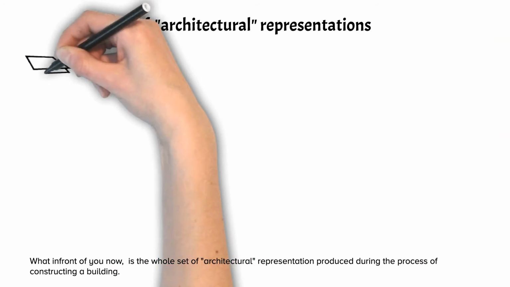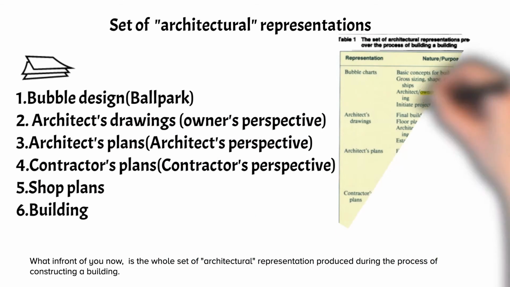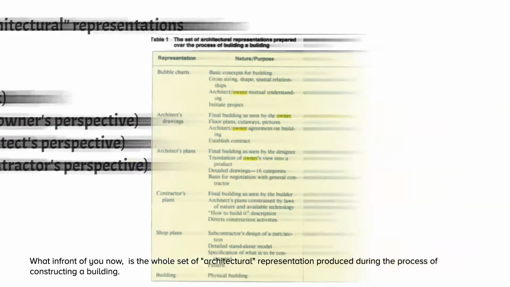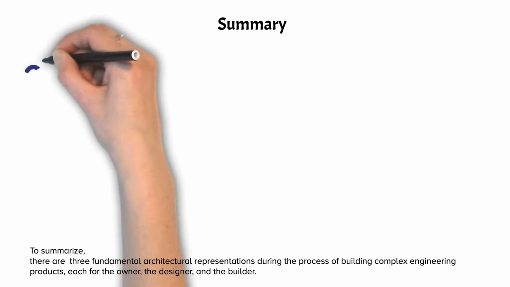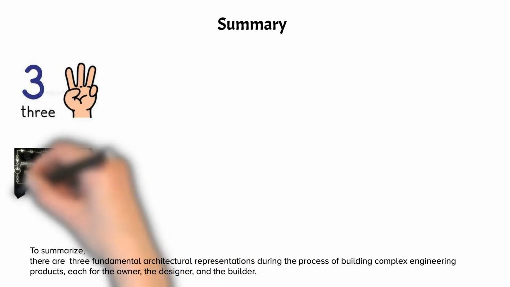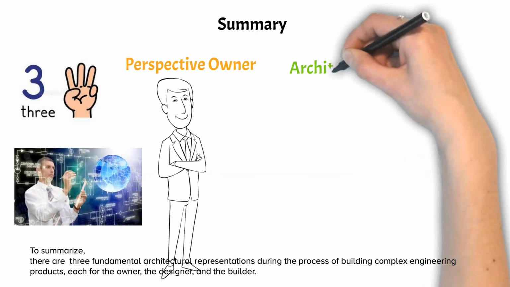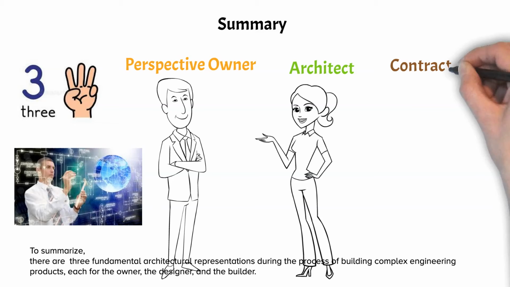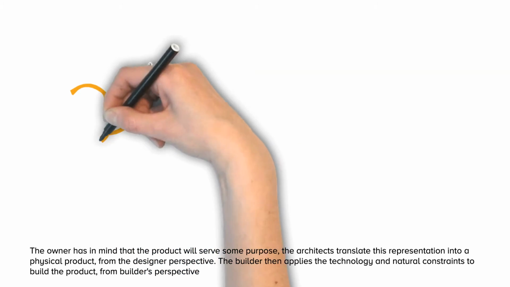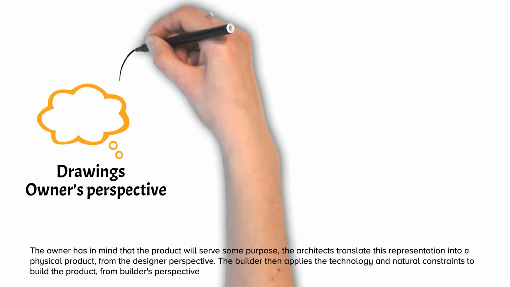What is in front of you now is the whole set of architectural representations produced during the process of constructing a building. To summarize, there are three fundamental architectural representations during the process of building complex engineering products, each for the owner, the designer, and the builder. The owner has in mind that the product will serve some purpose.